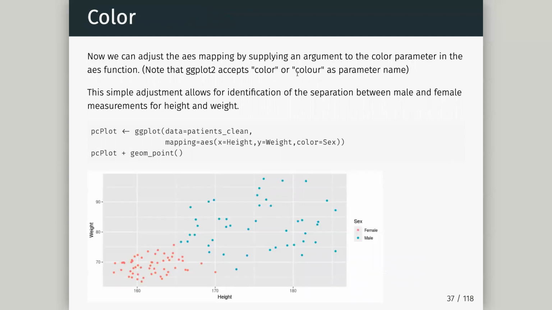Actually, we can adjust this plot from before very easily: x is height, y is weight, but color it by the sex column. Now, if I do plus geom_point, it's done a lot of those things for us.